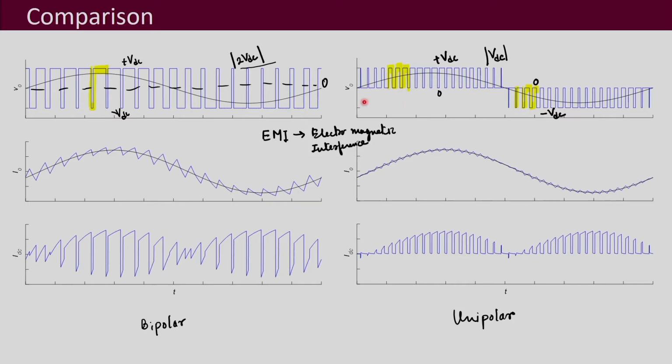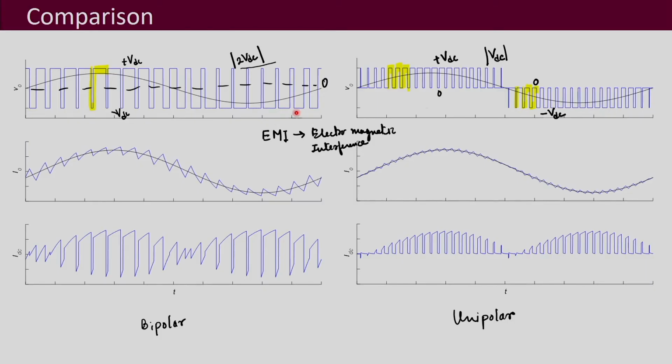Although these waveforms were obtained using the same carrier, the number of switchings in the output voltage is double. So, for the same carrier frequency, the effective switching frequency that you get in the output is doubled in unipolar PWM.